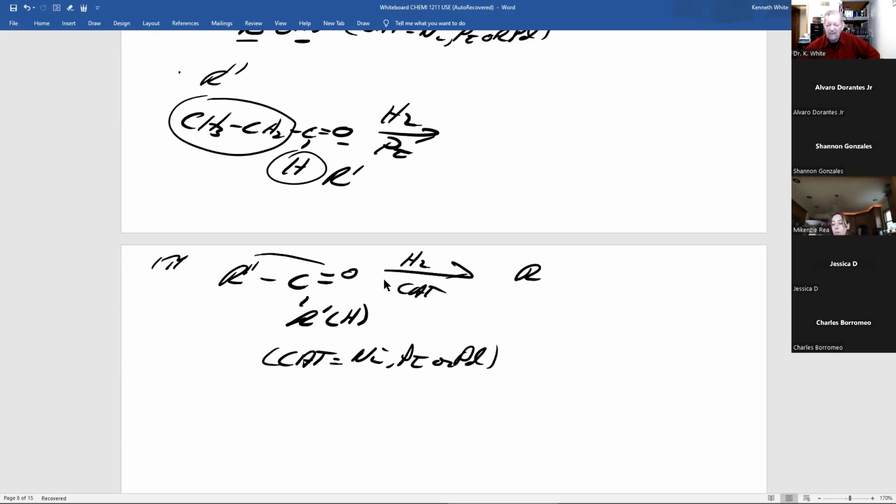And you break the pi bond, what's attached to the carbonyl carbon is still attached, and each atom of the carbonyl gets a hydrogen, which you could also write like this. Either way, it's an alcohol.